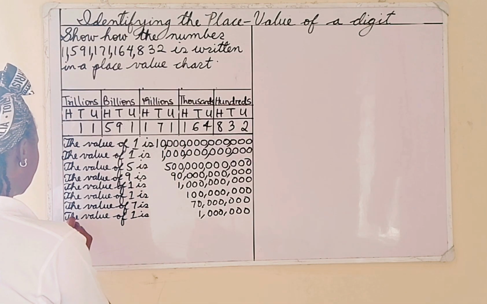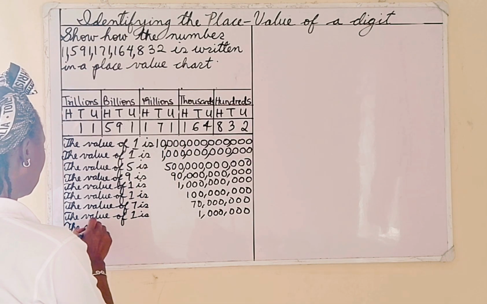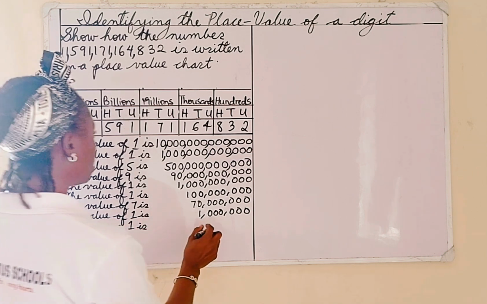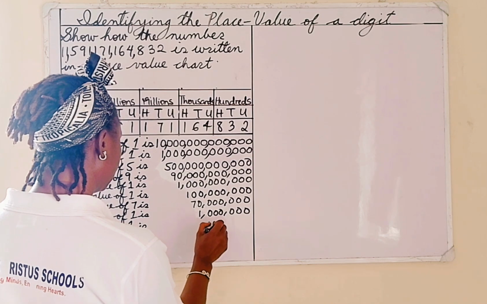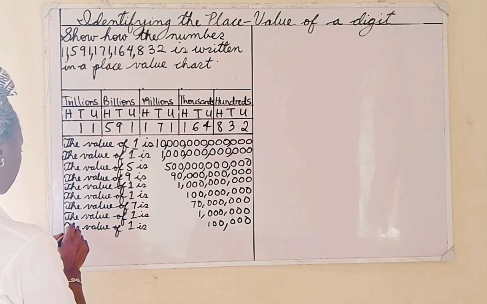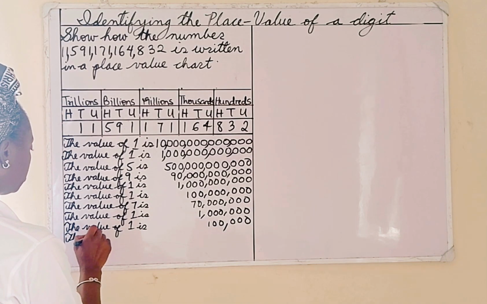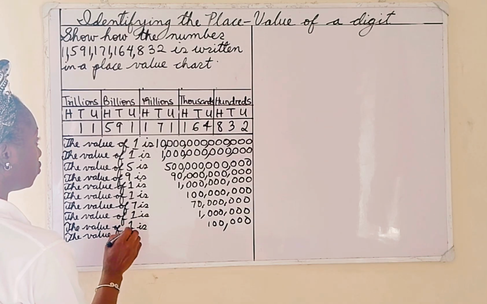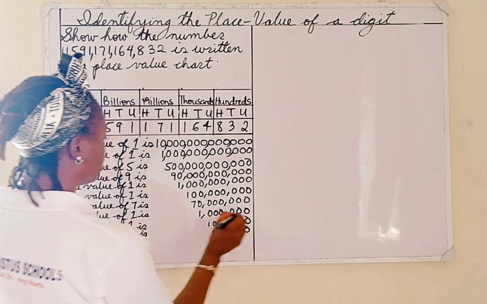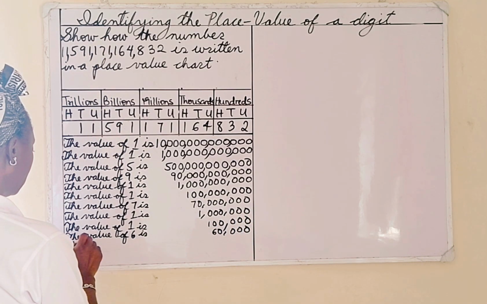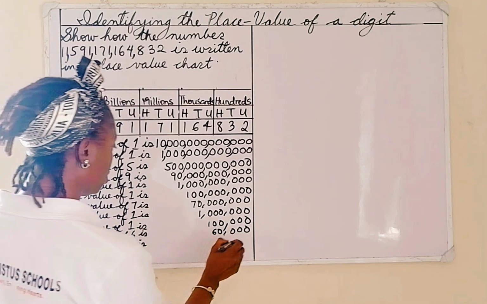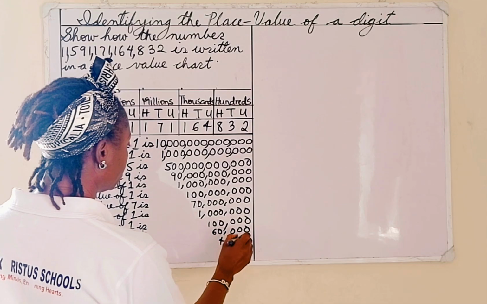Now let's continue. The next value is the value of 1 again is 100,000. Okay? The value of 6 is 60,000. The value of 4 is 4,000.